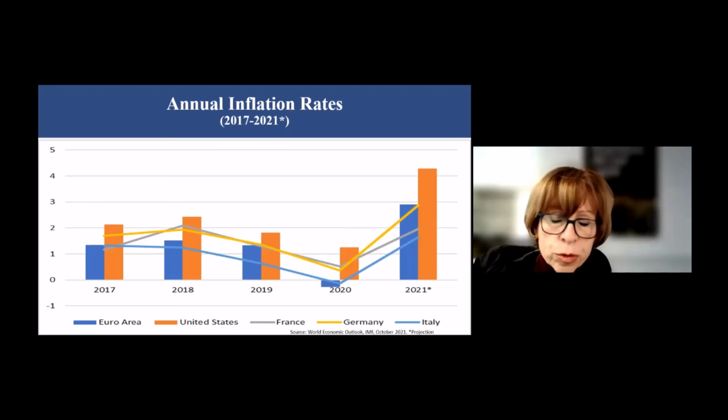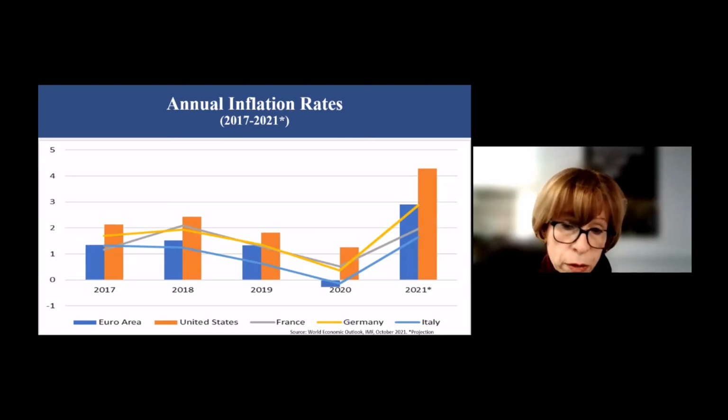And then in 2020, during the lockdowns, the EA actually went into a slight deflationary period. The US inflation rate just declined to a little more than 1%. You can see the projections for 2021 are that inflation is going to be well in excess of the target for both the EA and the US.